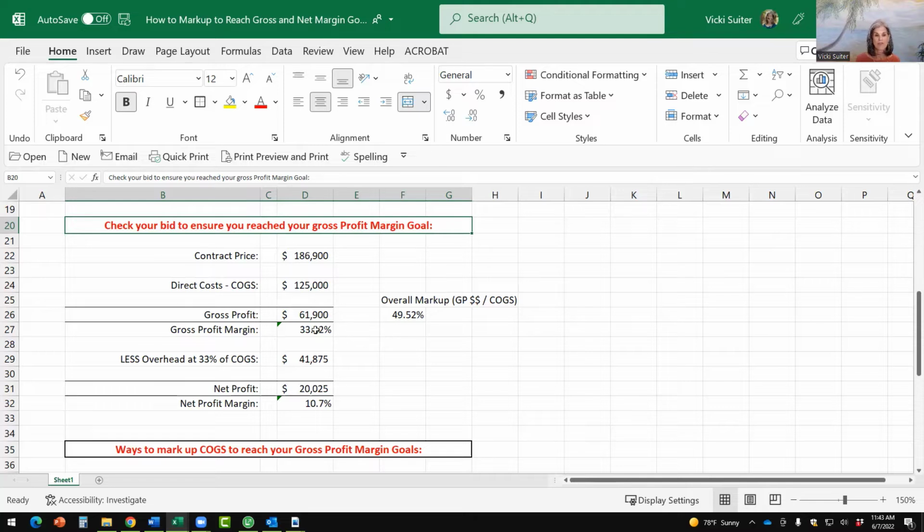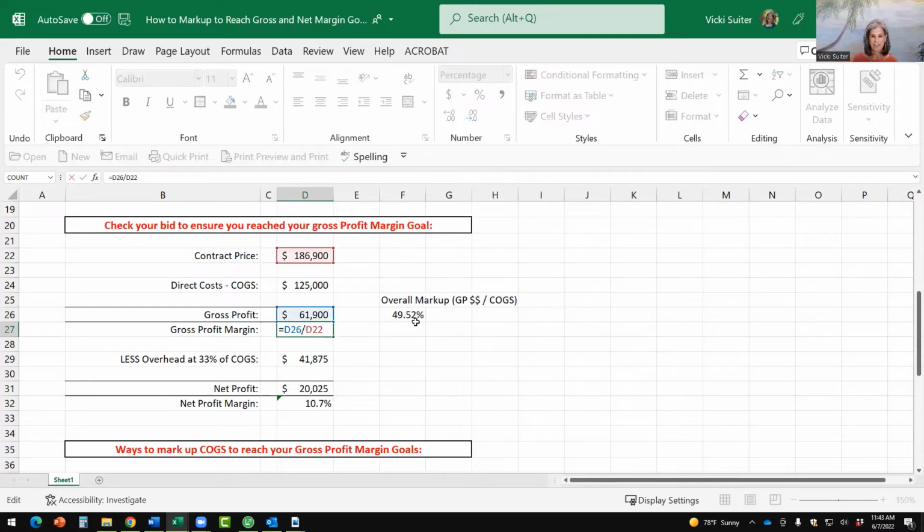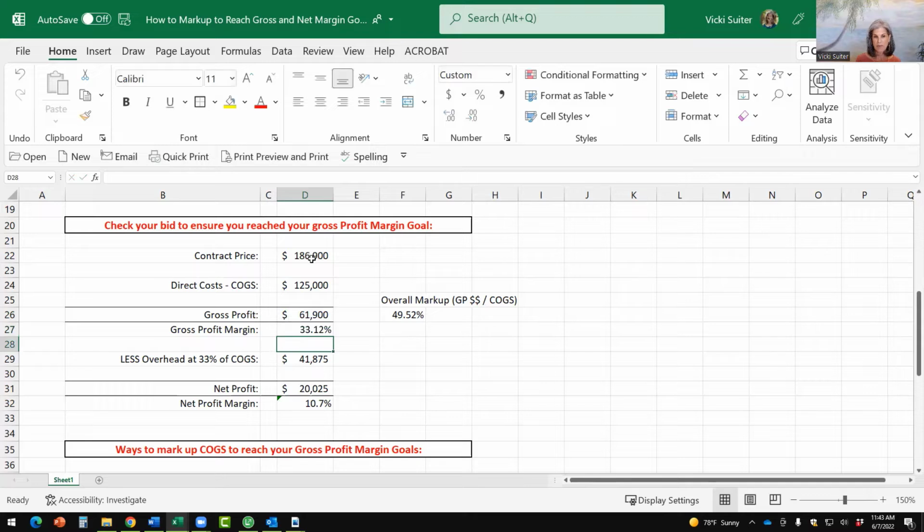So if you have a gross profit margin goal of 33%, then if I take my contract price of $186,900 and subtract from it my direct cost or cost of goods sold of $125,000, that leaves me gross profit dollars of $61,900. And the margin is calculated by taking those gross profit dollars and dividing it by my contract price.